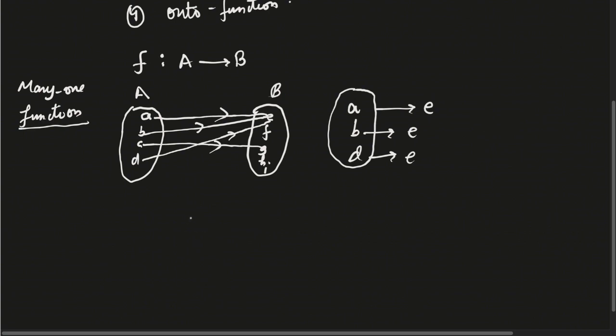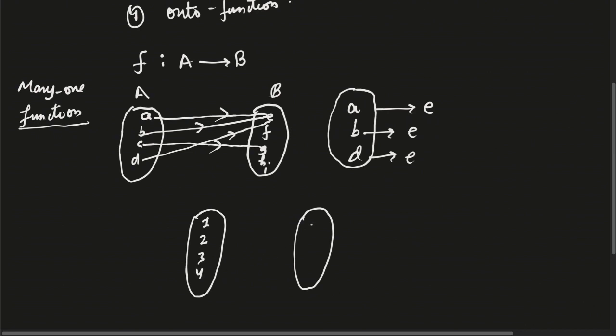So let us take one more example. We'll try to make it more clear using this 1 2 3 4. This is 5 6 7. Let us suppose that this is set A, this is set B. A is domain set, B is codomain set.